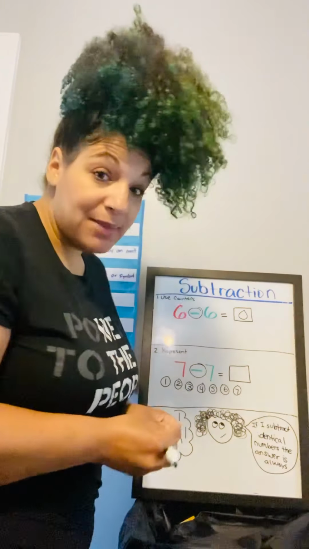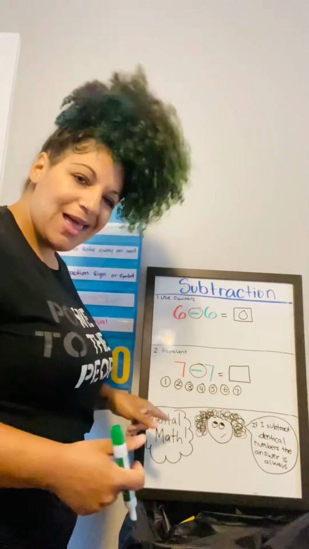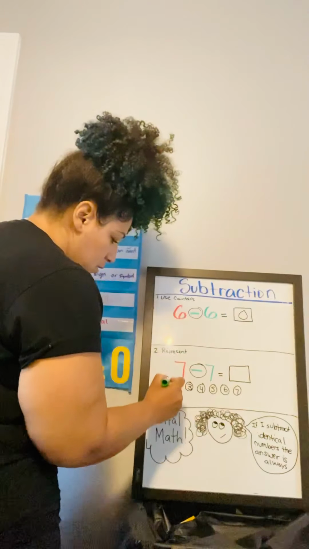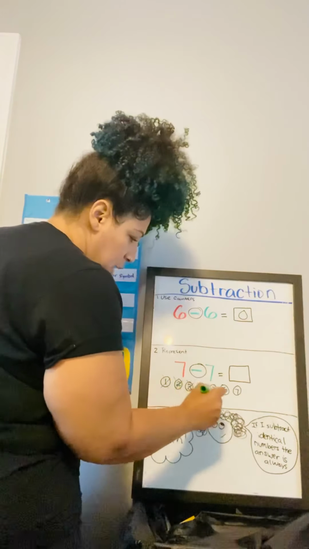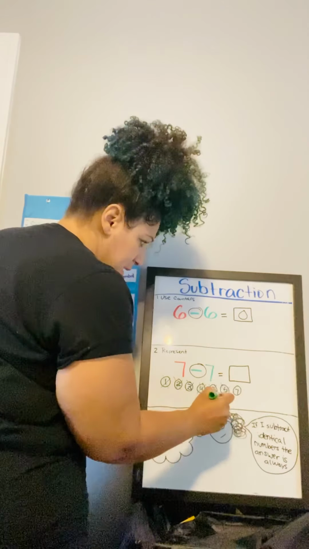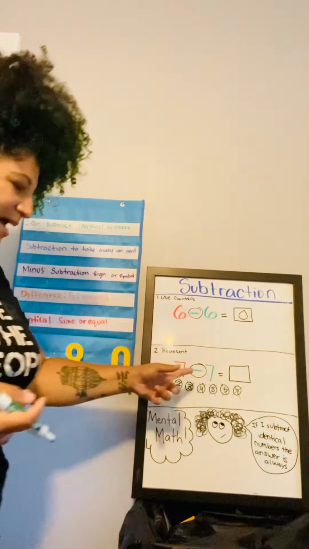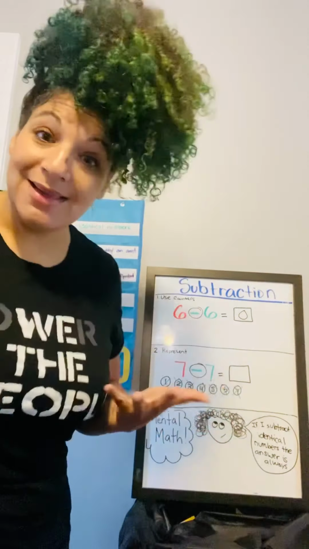So let's see how many I have left or what my difference is when I take away 7 from 7. Count with me. 1, 2, 3, 4, 5, 6, 7. 7 minus 7 equals, right, 0.